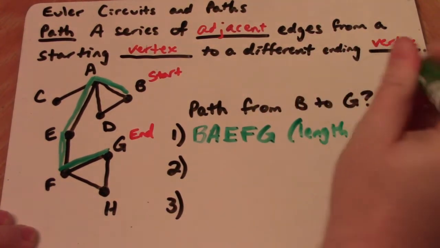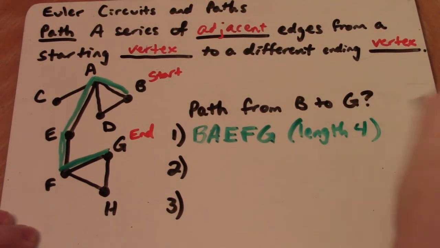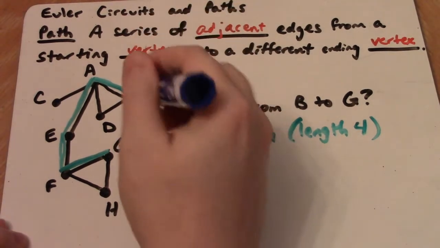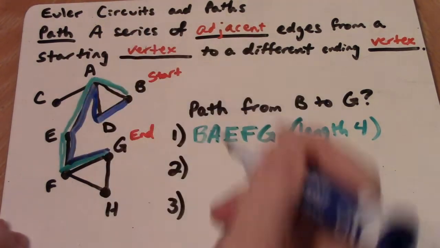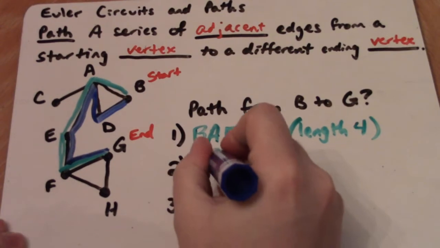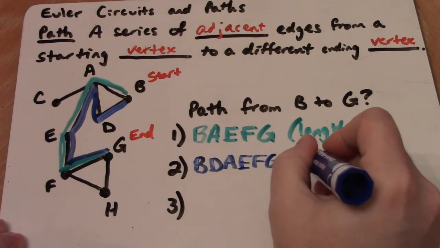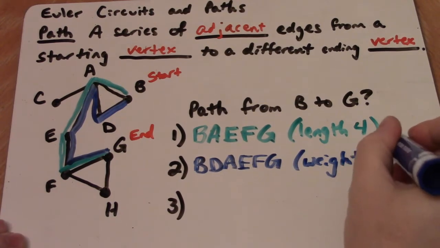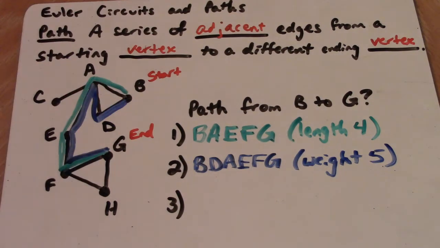This particular path would be said to have a length or weight of 4 because it travels a total of 4 edges. Now there are other possible paths in there. For instance, we could do from B to D to A to E to F to G. That would work as well. So again, that was B, D, A, E, F, G, which has a length, or I'm going to use weight this time so you realize that those two words have the same meaning, of 5, because we traveled a total of 5 edges.